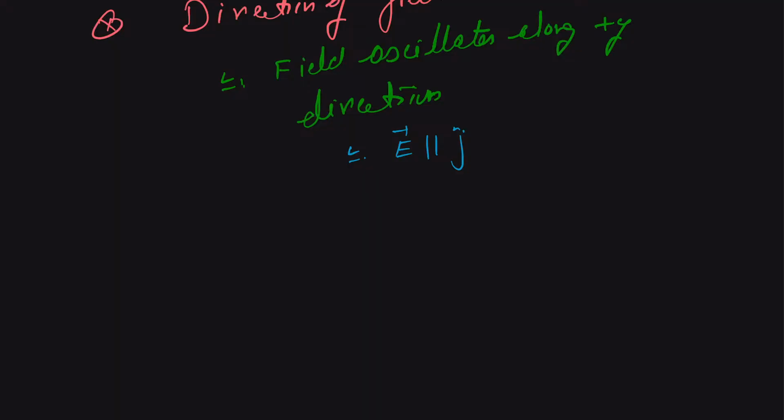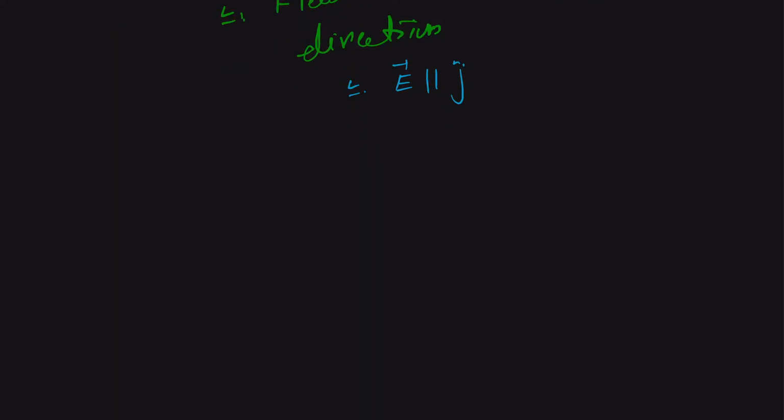and we can use here basic properties of our EM wave. First of all, we know that the electric field is always perpendicular to our magnetic field. Secondly, we also know that the electric field is perpendicular to the direction of propagation.